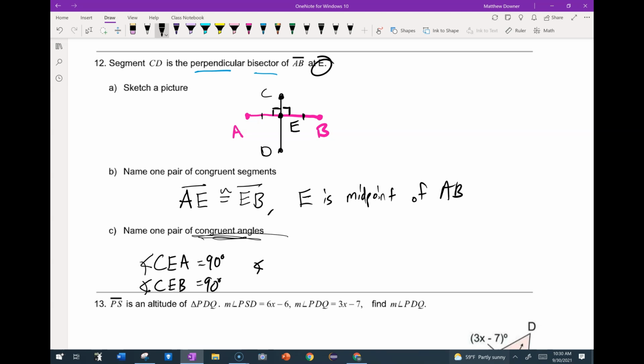Or you can make an argument that angle AED on the other side is 90 degrees. Or that angle BED right there is also 90 degrees. So if I want to name one pair of congruent angles, I could pick any of these 2. So I'll say that angle CEA is congruent to angle AED, because I know all of those are right angles, and I know that all right angles are congruent.